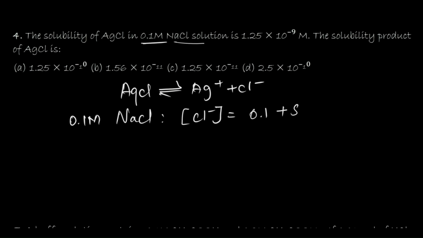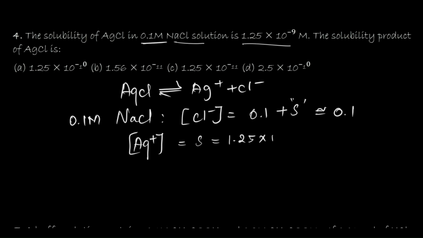The solubility would be very small in this case, so I'm taking the concentration of Cl minus as approximately 0.1 only. The Ag plus concentration is 1.25 into 10 to the power minus 9.